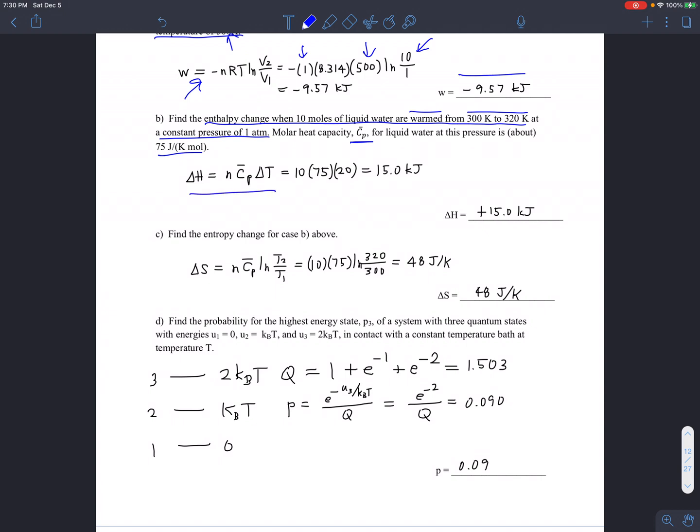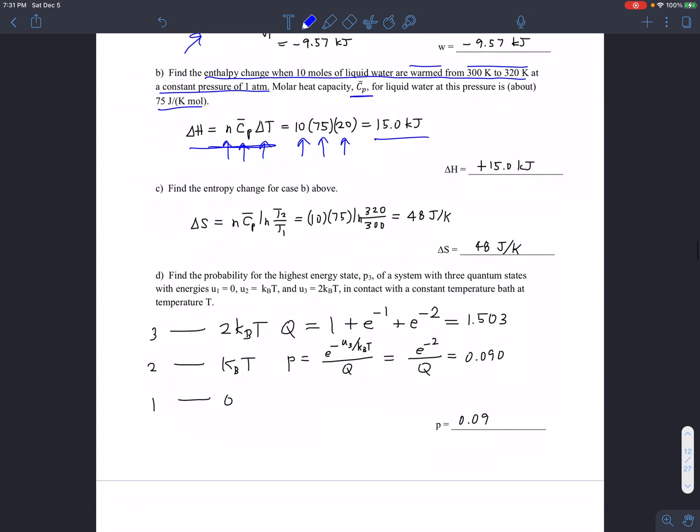So again, just plug into the formula. Delta H in this case is the same thing as heat, right? Because it's constant pressure. It's the number of moles times the heat capacity at constant pressure times delta T. Delta T is 20, heat capacity 75, 10 moles gives 15 kilojoules for that warming process.